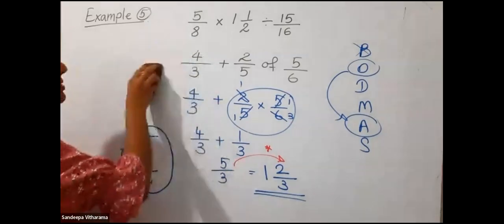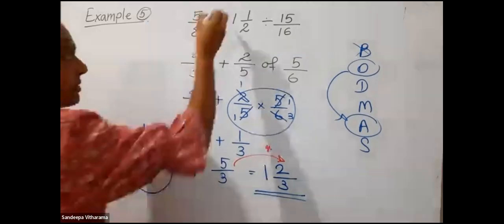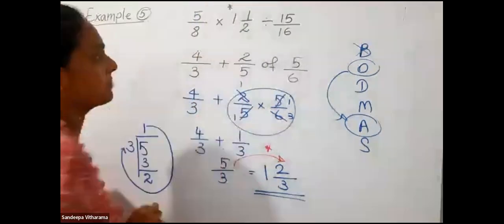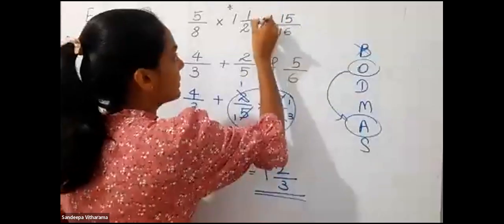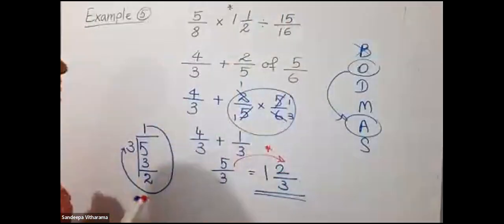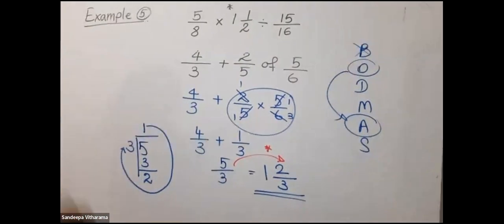Now here also it consists of a mixed number. So mixed number එකක් තියෙනවා. Mixed number එක මොකද කරන්න ඕනේ? You have to convert it into an improper fraction. Then after that, begin to simplify. Please do it and send me the answer you get.